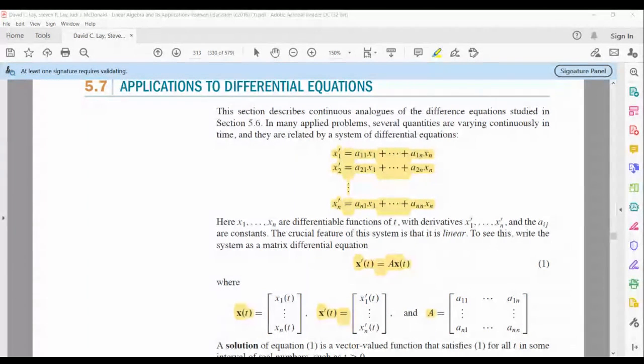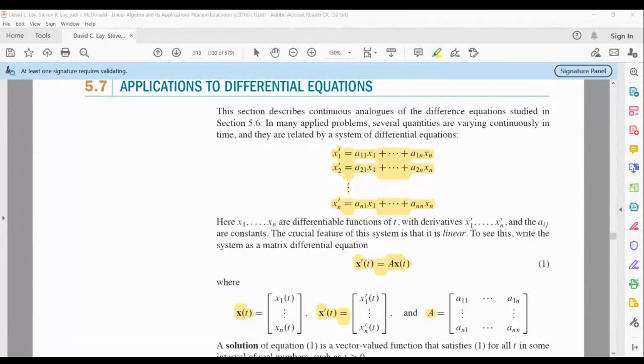And here's again where your knowledge of matrix multiplication, your knowledge of the row column rule, really helps you see that A times x of t would give you the right-hand side of all those differential equations at the top.